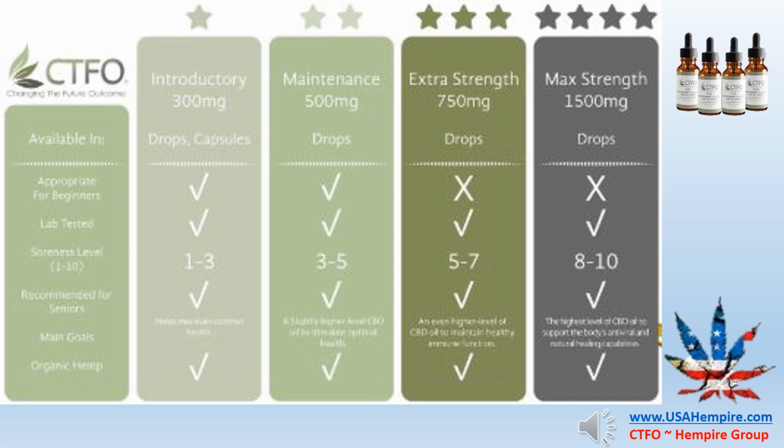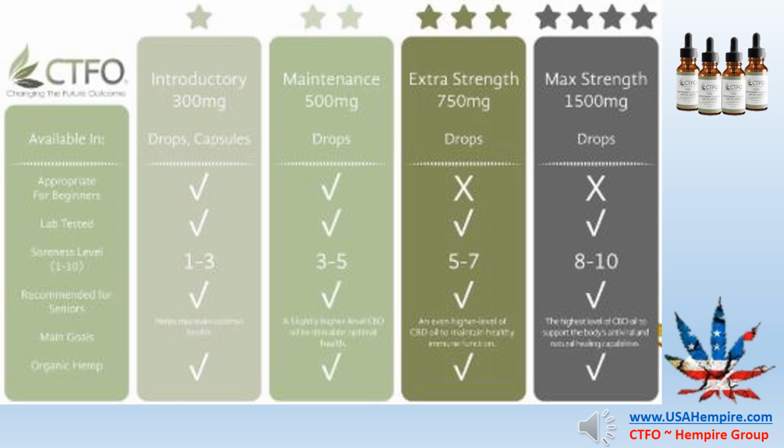It points out that they all come in drops, plus our 300 milligram comes in capsules. What are they saying is appropriate for beginners, newbies, never done it, and don't know where to start? They're saying, start off in the 300 or 500 range and just get a feel for how your body reacts to it, right? Every single one of them has been lab tested.